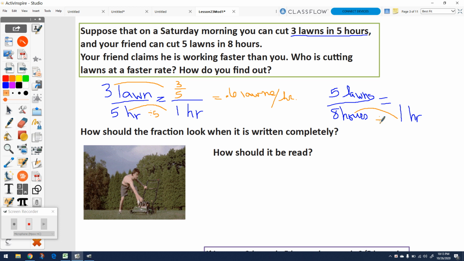So let's do that same thing on the numerator. 5 divided by 8 is 0.625. Hopefully I'm right on that. Yep, 0.625. So when we write our label on this, they're doing 0.625 lawns per hour.